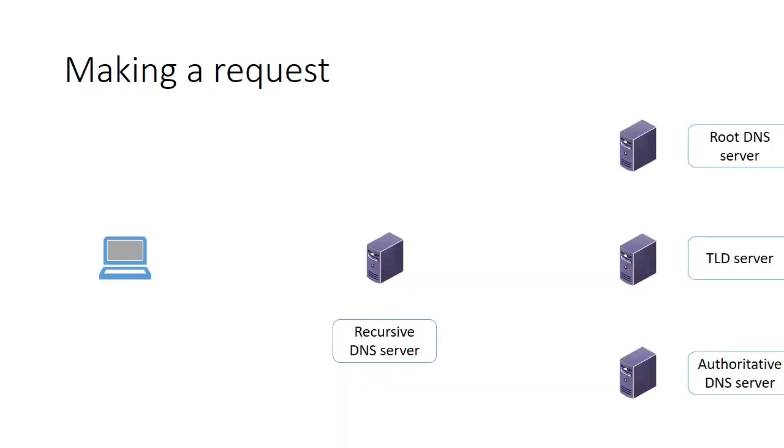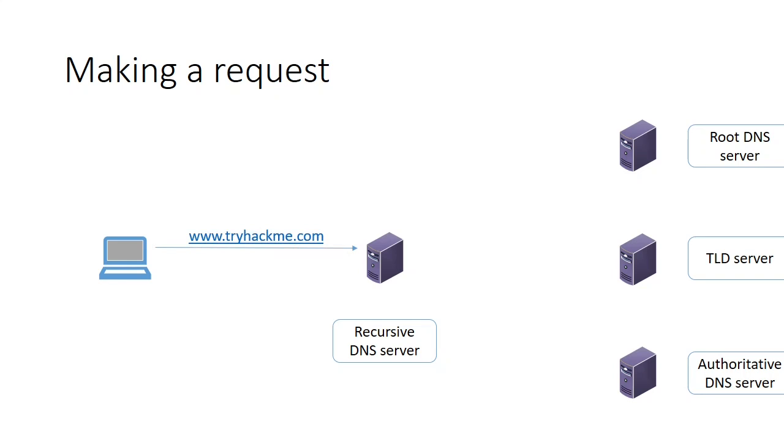So when you make a request for a domain name, the first thing that you do is check in your local cache if you've previously looked up the address recently, and if not, you send the request to your recursive DNS server.